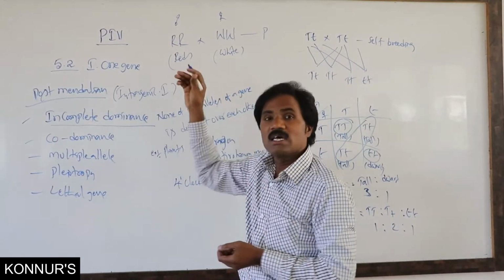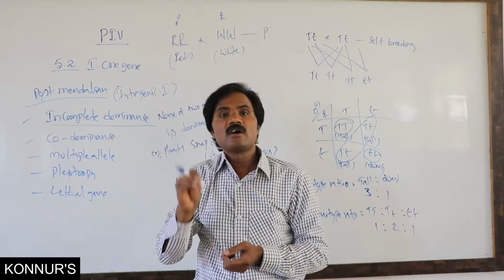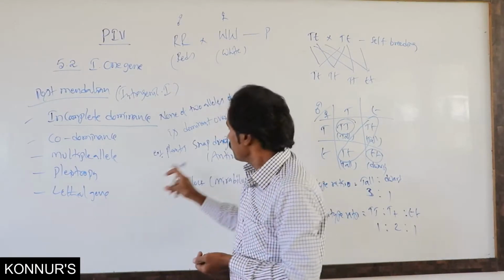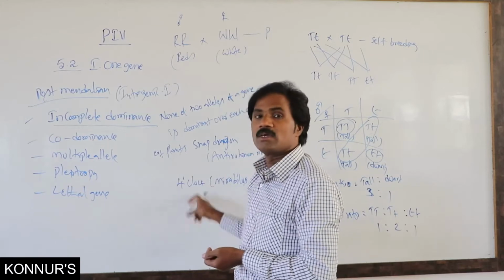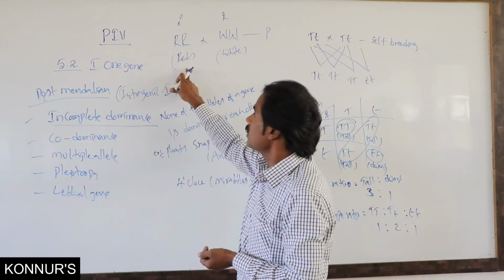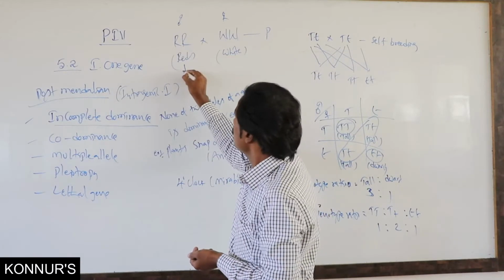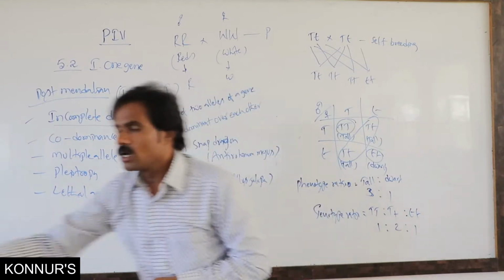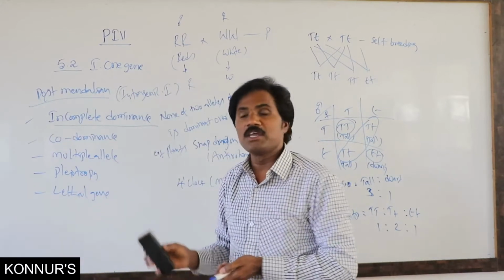The flower color of Antirrhinum as well as Mirabilis jalapa. What phenotype has he taken? Flower color. Red color is the genotype. Then automatically, their gametes, according to the law of segregation, are pure.